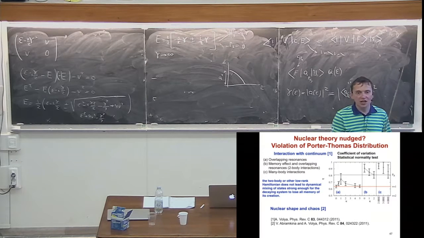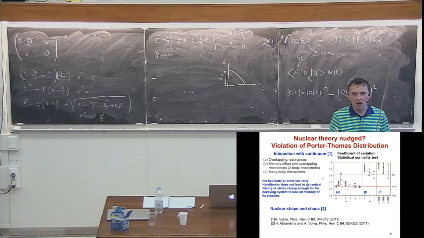As we were talking in our discussion of the multi-channel S matrix yesterday, it essentially says you form a state, and then the state forgets about how it was formed. It just decays proportionally to different widths. Now, that can be modified if the state doesn't forget how it was formed.